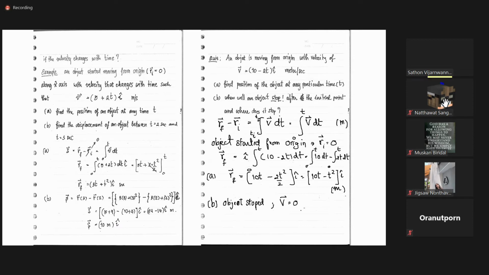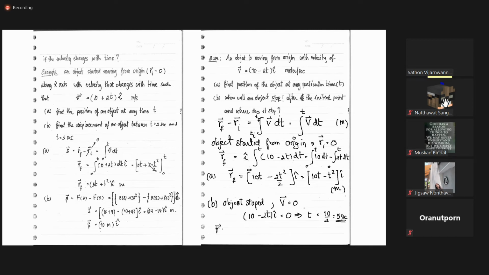And to get velocity of 0, we have (10 minus 2t) i equal to 0, or t equal to 10 over 2, or 5 seconds. So it will stop at t equal to 5 seconds. The next question is where it stops.